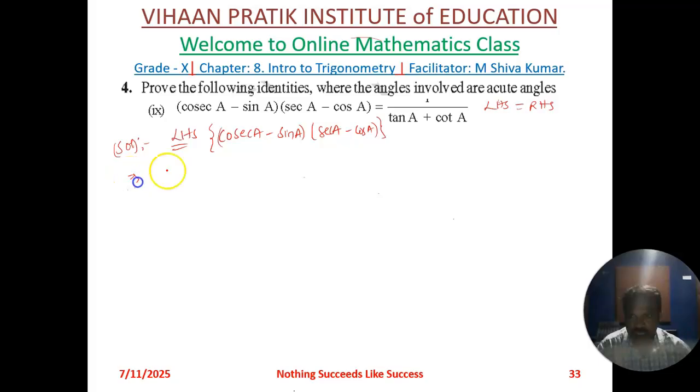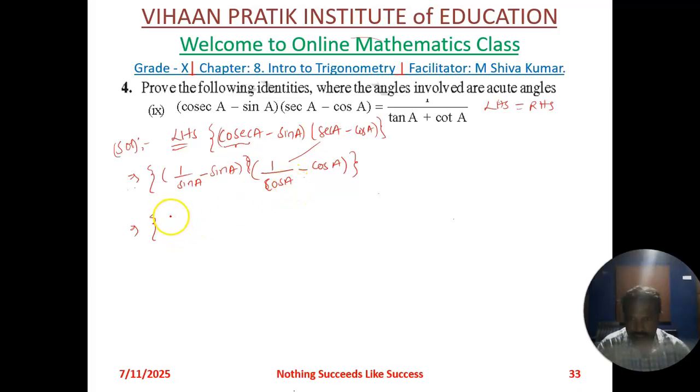Now we'll take the reciprocal of these derived ratios: cosecant A can be written as 1 by sin A minus sin A, and secant A is written as 1 by cos A minus cos A, which will equal to, now we'll take the LCM of sin denominator and cos denominator.